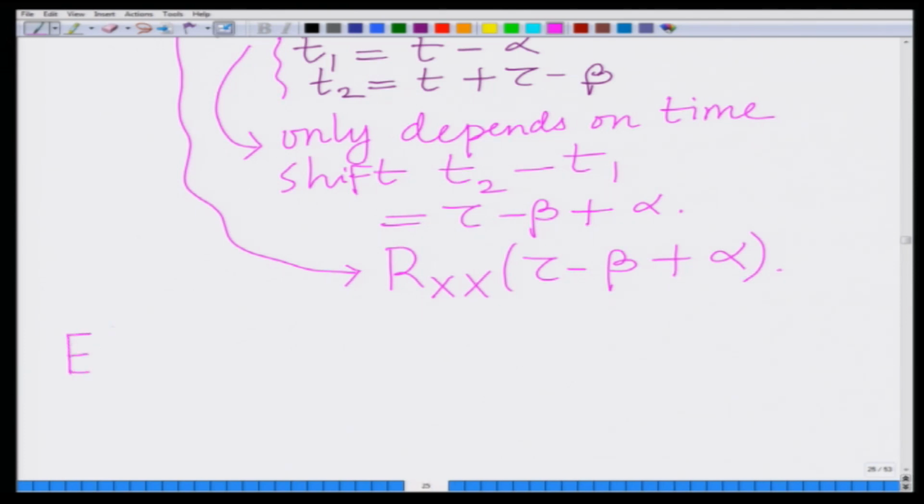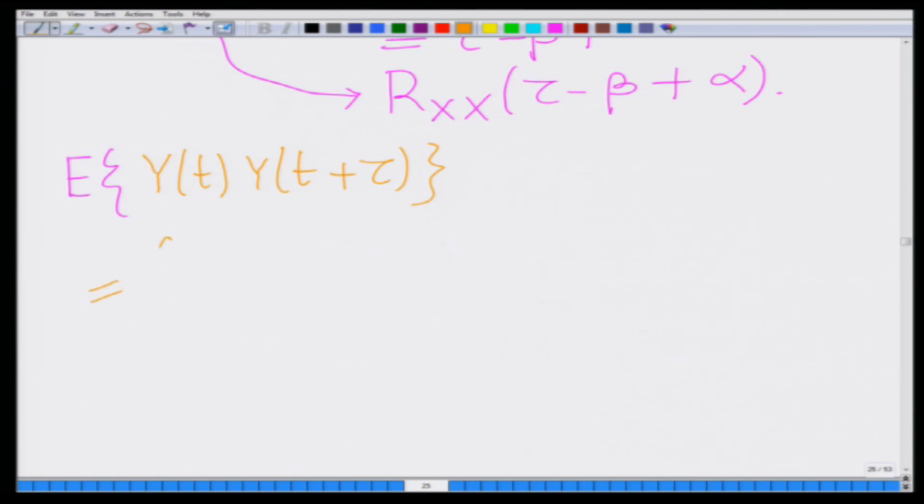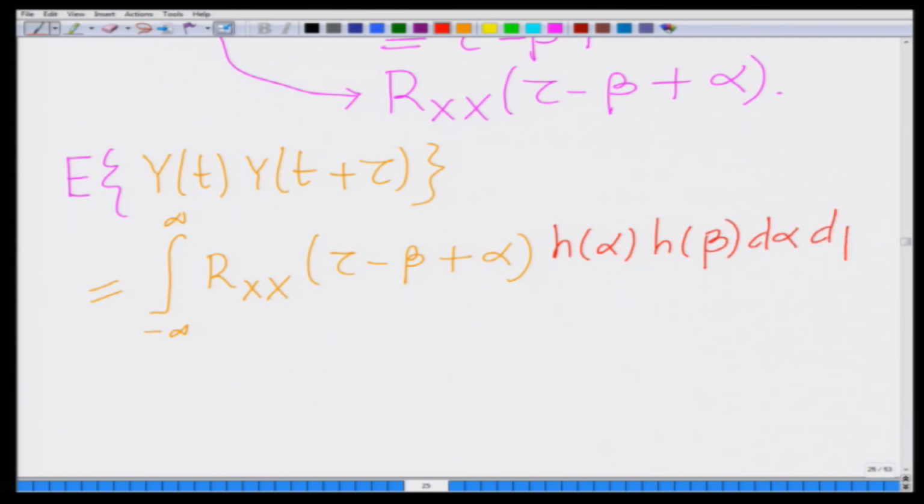And now, substituting this in here, I have the expected value of y of t times y of t plus tau equal to the double integral from minus infinity to infinity of r x x of tau minus beta plus alpha times h of alpha times h of beta, d alpha d beta.